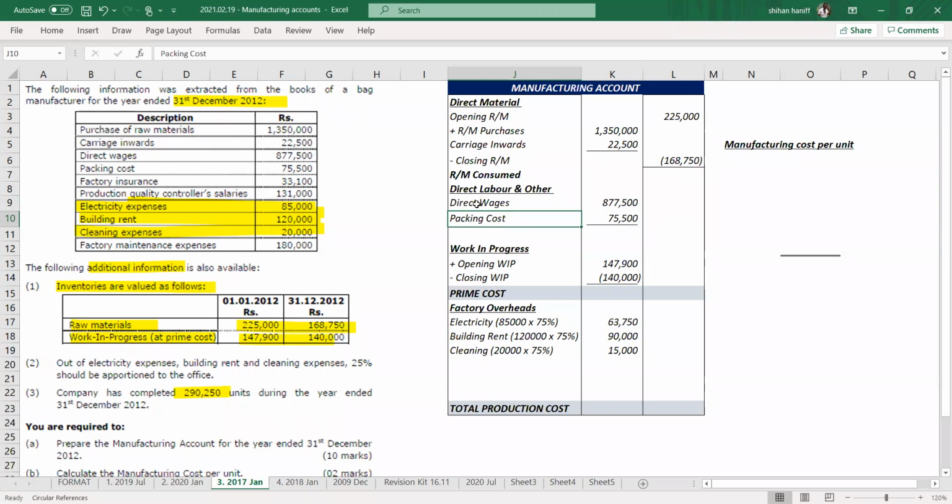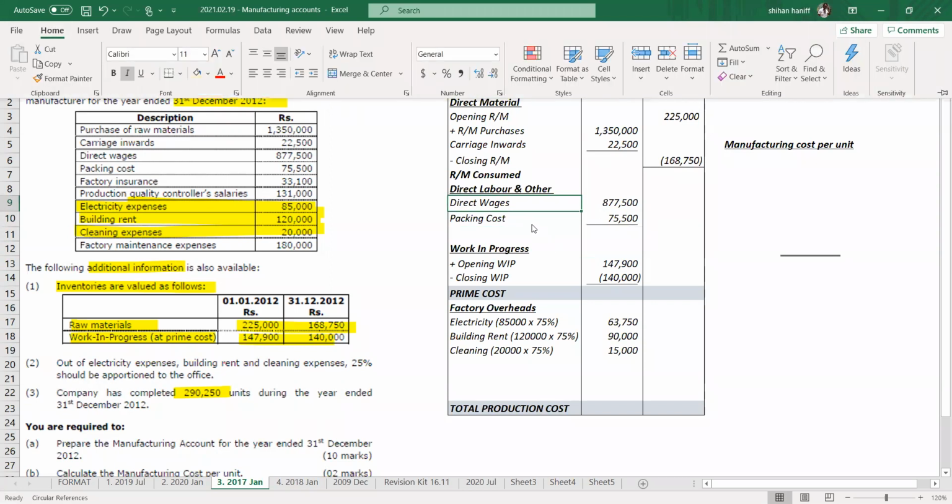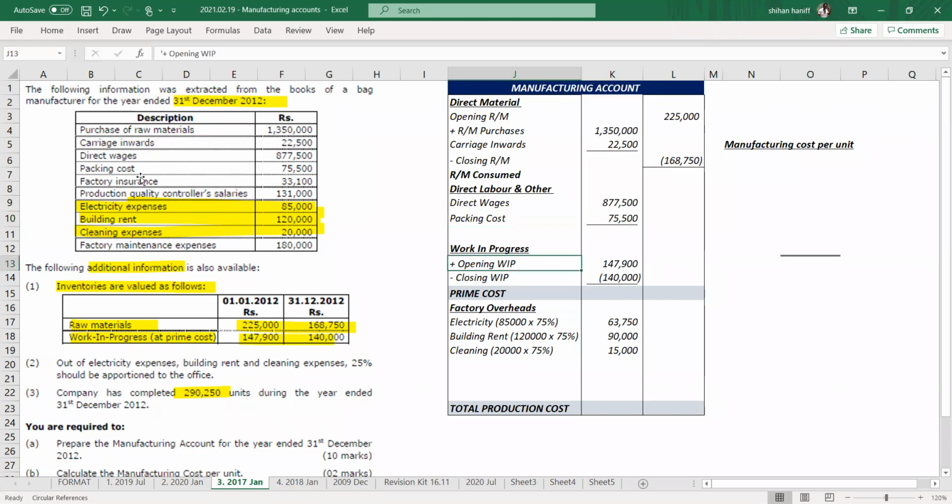Packing cost. Insurance. Factory insurance 33,100.